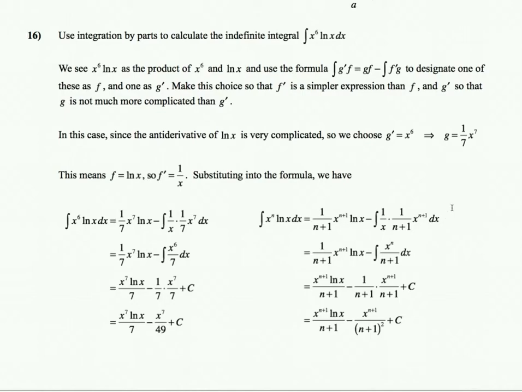Now, in addition to these steps here that you would want in your exam notes, you might also want to identify, as you answer the question, the functions f and f prime and g and g prime using these abstract representations.